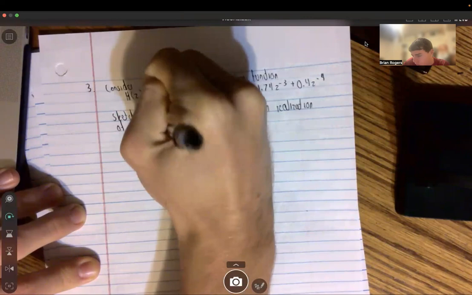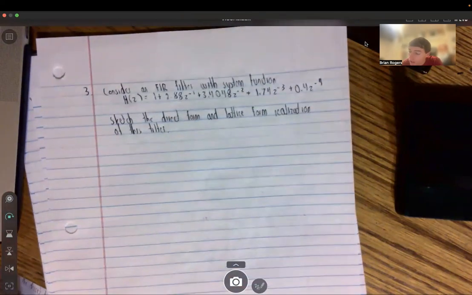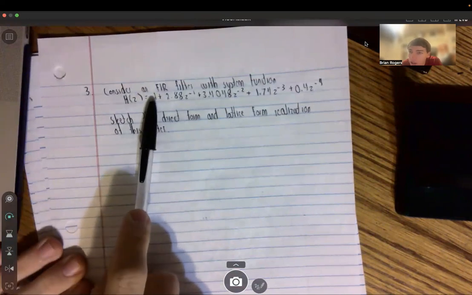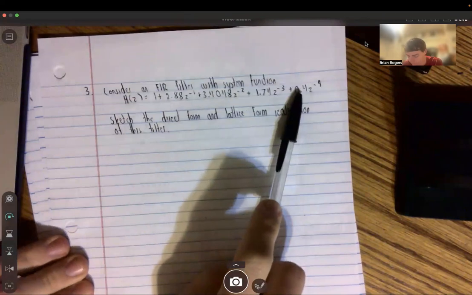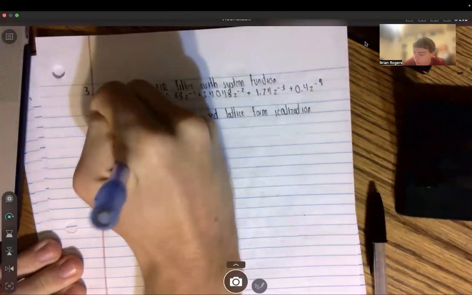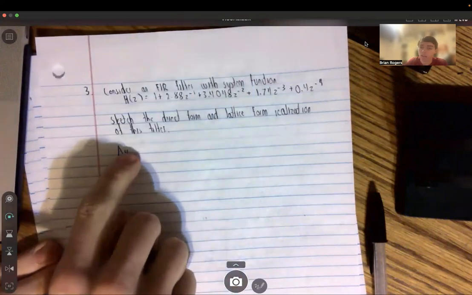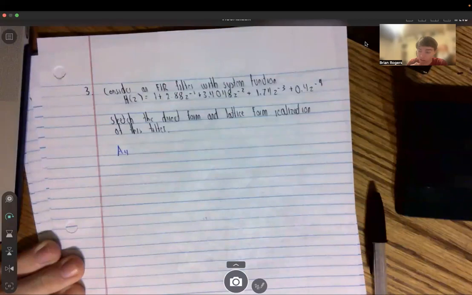So in order to sketch the direct form and lattice form, what we're going to notice here is we count how many terms we have. So we start at 0, 1, 2, 3, 4. So we have 4, and you've got to know that. So it's going to be A to the 4 because 0, 1, 2, 3, 4. You start at 0. That's an important part.